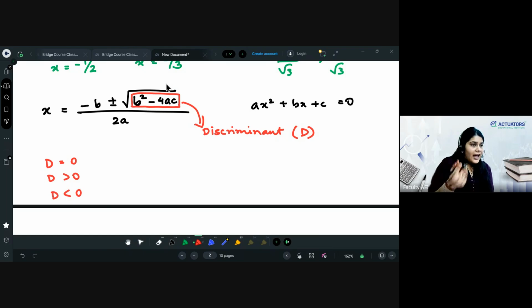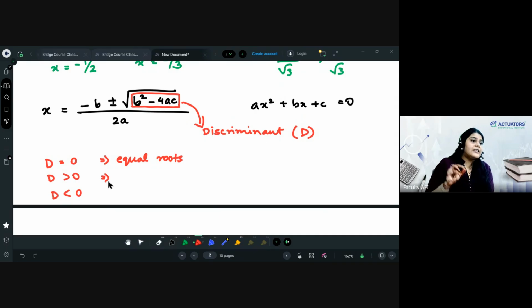So whether we add or subtract is irrelevant. Both the roots are going to be the same, which will be minus b by 2a, like in our second example abhi. So we will have equal roots. Sign also same. Absolutely equal roots.